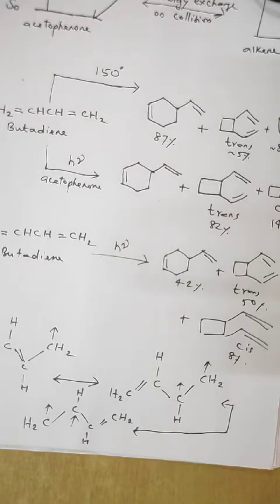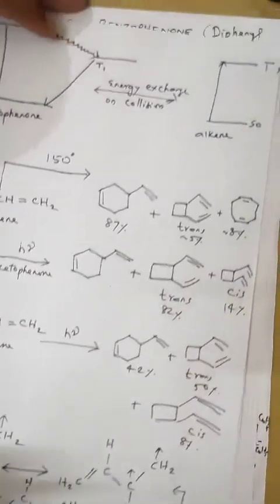Understand? Now based on that, the 2,3 bond has third double bond character. So it will be cis triplet or trans triplet.